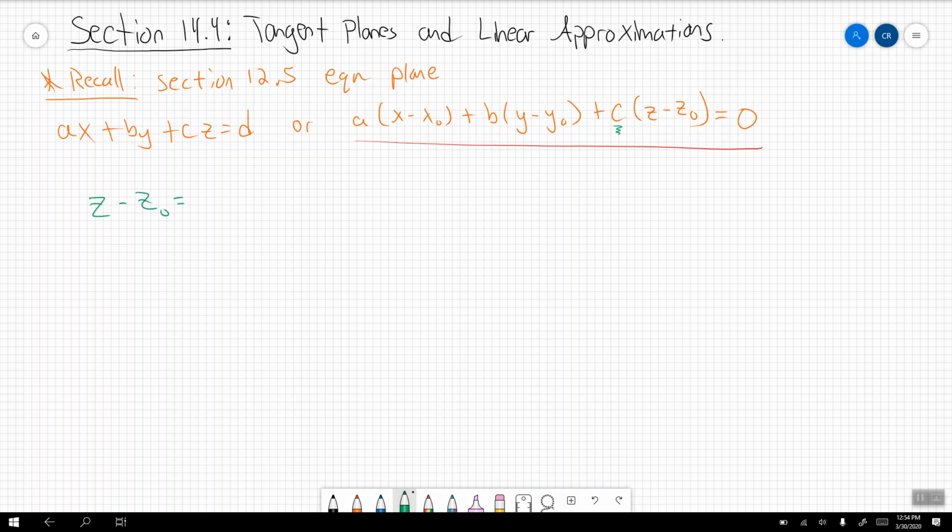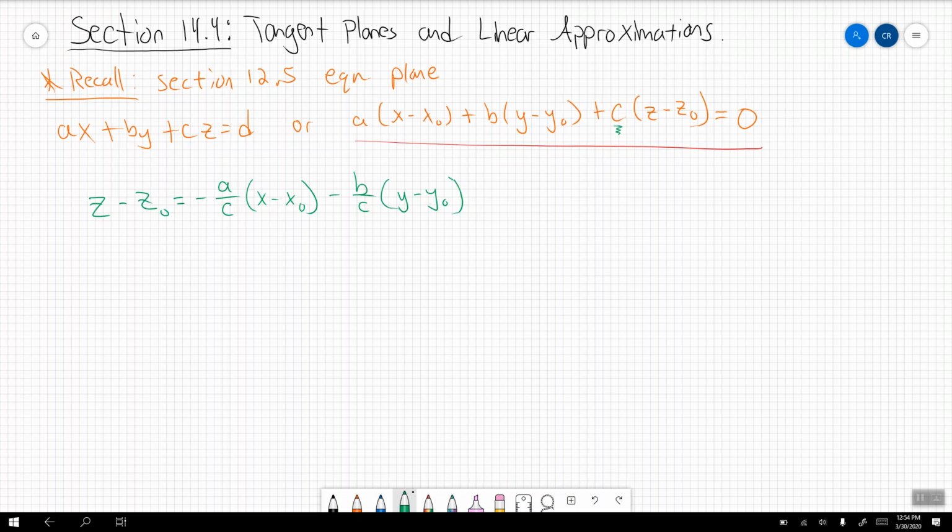I'm simultaneously solving for z minus z naught to see what we get here. There we go. Just like that. Alright, so what I did was I isolated the term c times z minus z naught, and then I divided both sides by c. That way I could get z minus z naught is equal to this particular case.